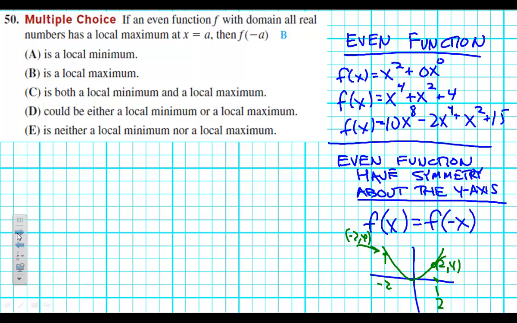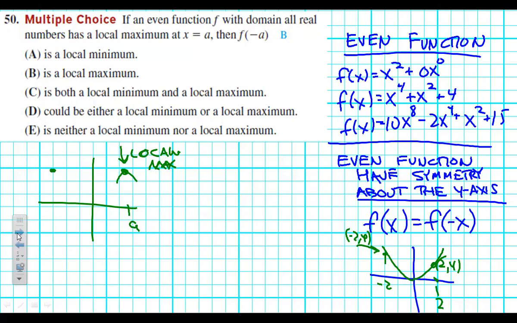An even function with the domain of all real numbers has a local maximum at x equal a. So there's a local max. And that means that's the local max that goes down on either side of it, right? Or something like that. And what does this symmetry tell us?